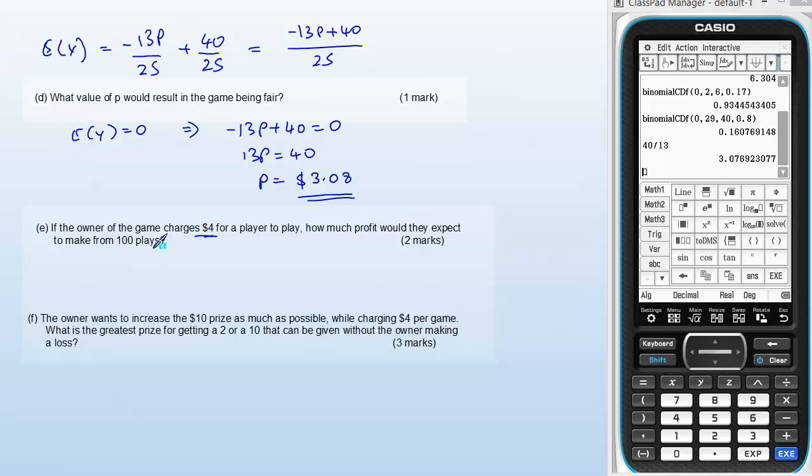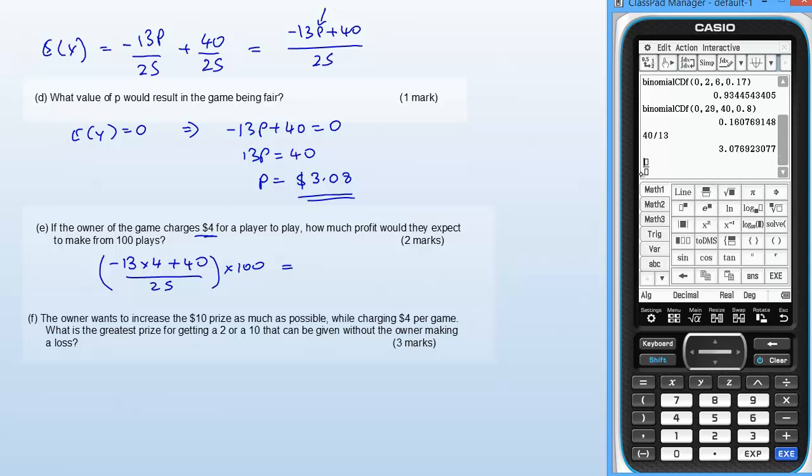So, if the owner of the game charges $4 for a player to play, how much profit would they expect to make from 100 plays? So we're just going to put p equals 4 in here. So we've got negative 13 times 4, add 40, divided by 25, and then multiply that by 100. Let's just put some brackets around that.